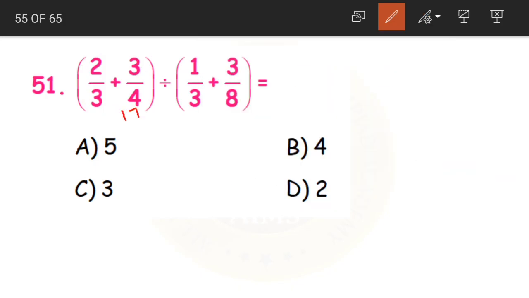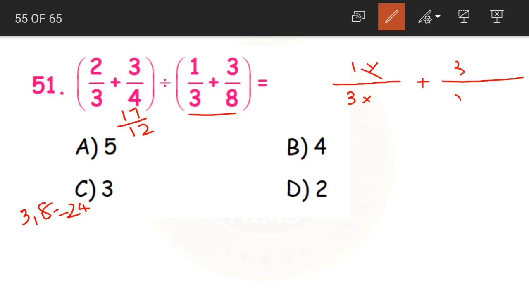We have to remember this. This is 17 by 12. Now coming to the second part, 1 by 3 and 3 by 8. The LCM of 3 and 8 would be 24. Now if we convert the given fractions into like fractions, we have 3 eights are 24, so multiplying with 8, we have 8 threes are 24.